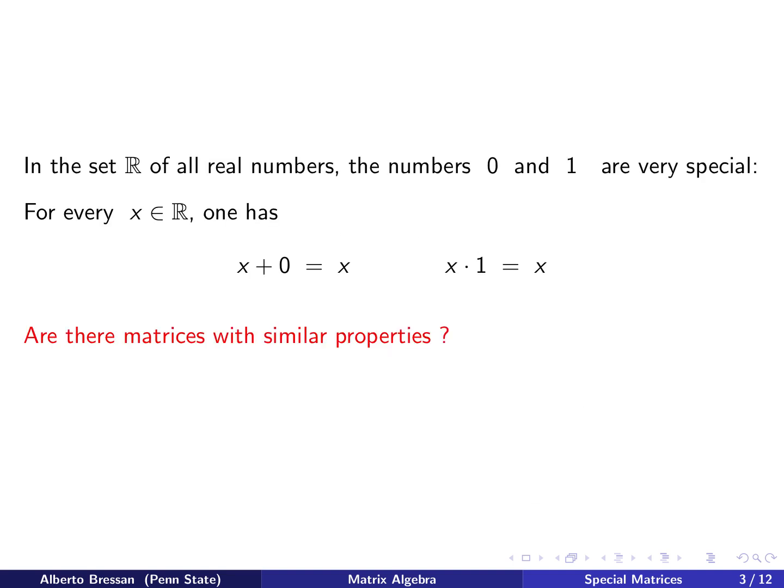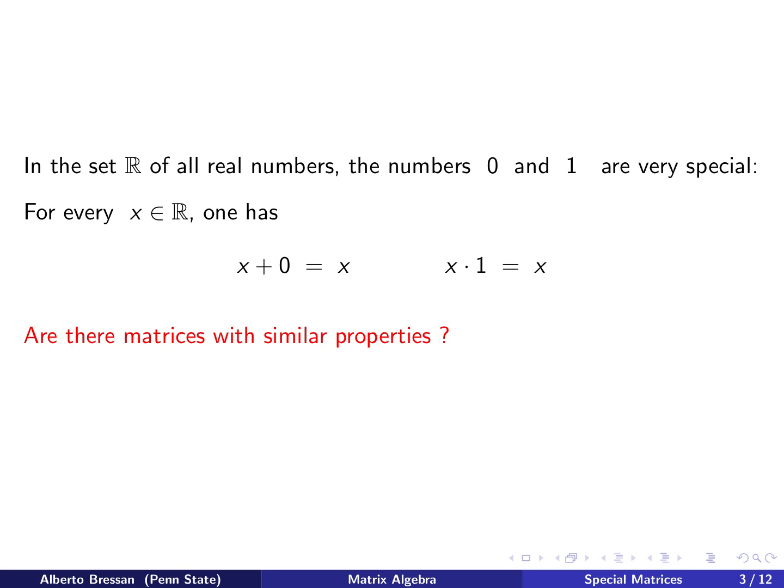Now let's review the concept of the numbers 0 and 1. For real numbers, these are two special numbers, and they have the following special properties. Pick any x that's a real number, and then we have the following. x plus 0 is x, meaning adding 0 on top of x does not change it.